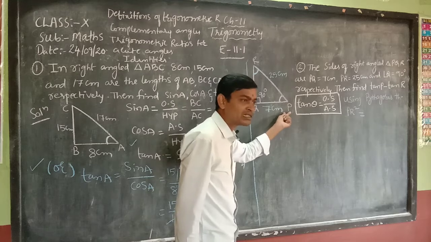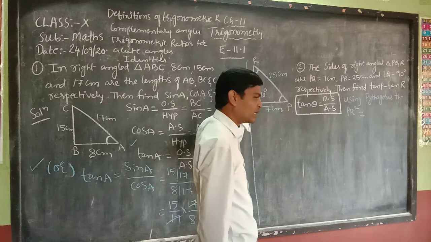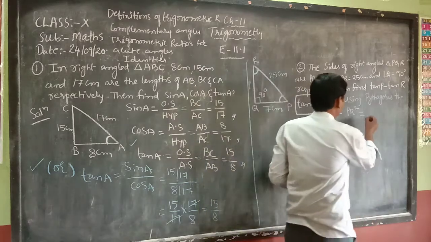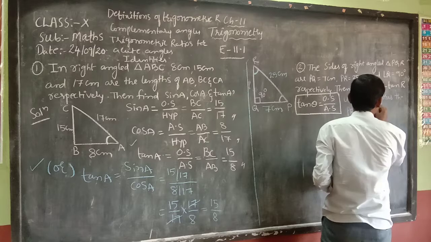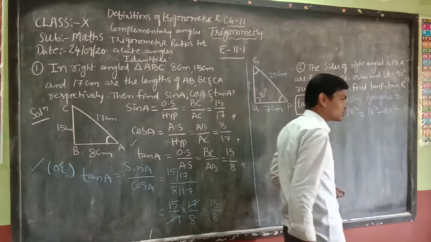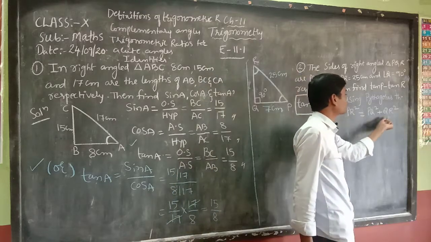the sum of the squares of the other two sides. Here, the other two sides are what? PQ and QR. So PQ square plus QR square. Here, what value do we have to find? QR.